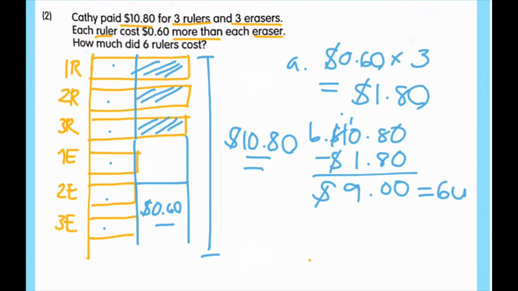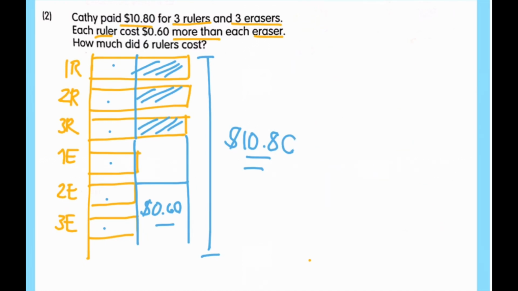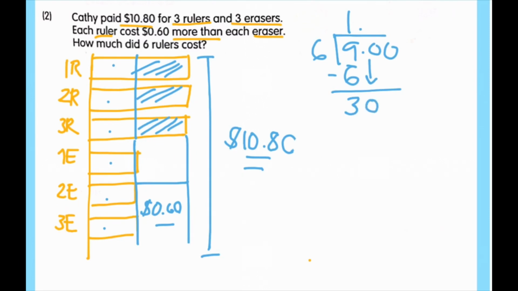In order to do that, we need to know 1 unit first. So we divide $9 by 6 units. How many 6 are there in 9? We have 1. Subtract the given values, we'll be left with 3. Bring down 0. How many 6 are there in 30? We have 5.